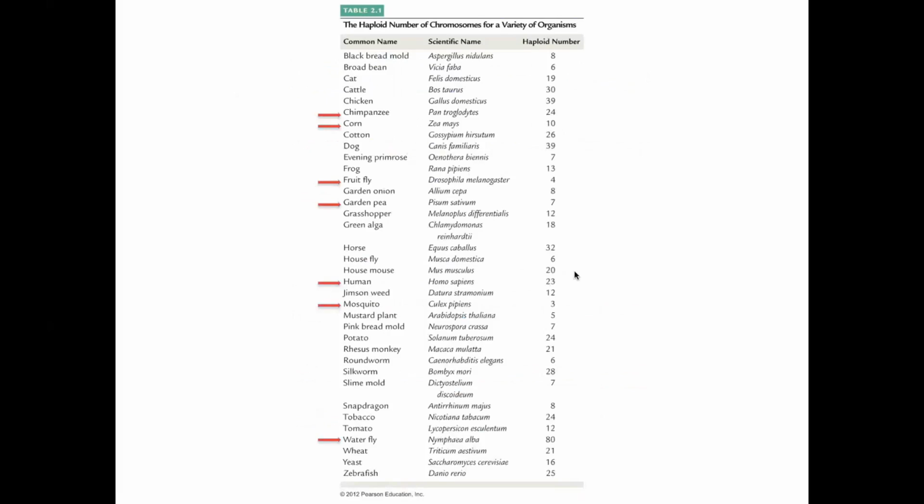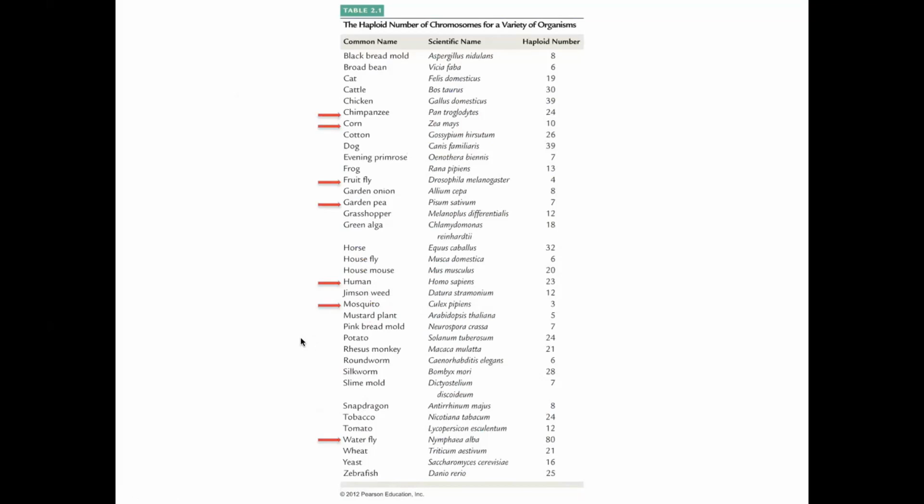But the 2 that I really want to point out here are the mosquito and the waterfly. In terms of body plan, in terms of structural organization for these 2 different insects, these 2 different invertebrates, I think everybody would agree that they're very similar in terms of the level of complexity of that body plan.